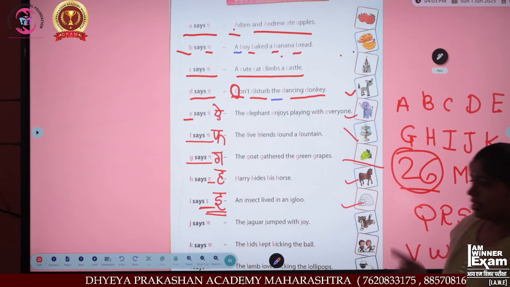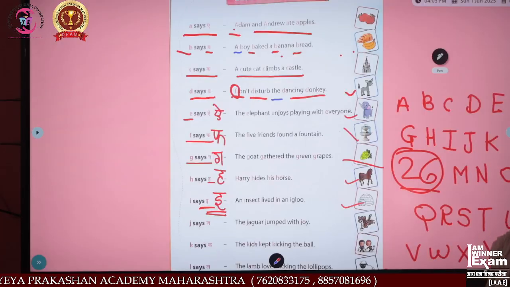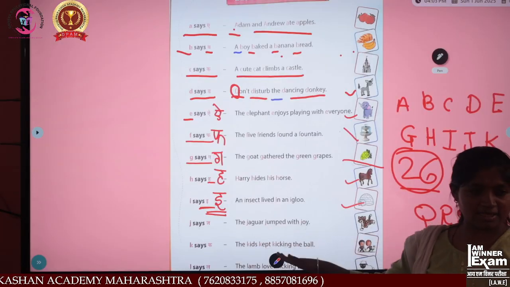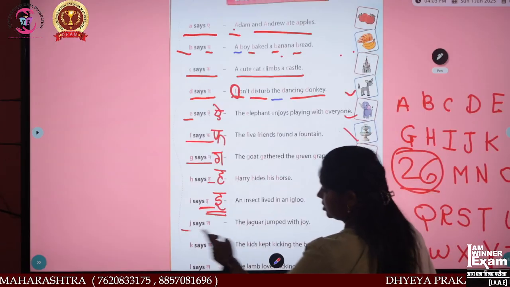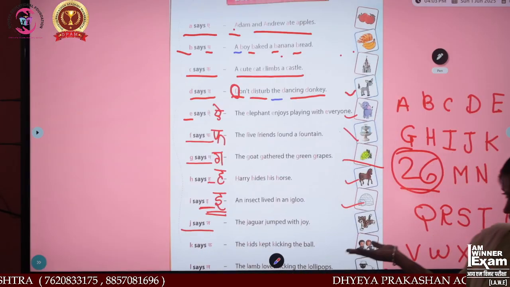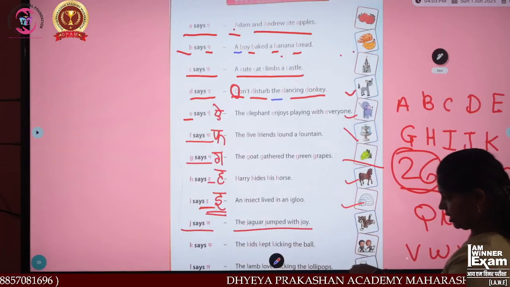Next, J says J. The juggler jumps with joy.